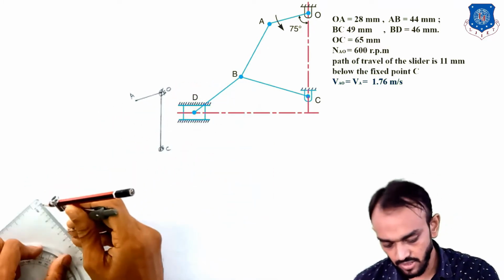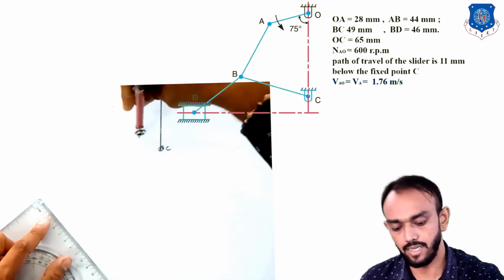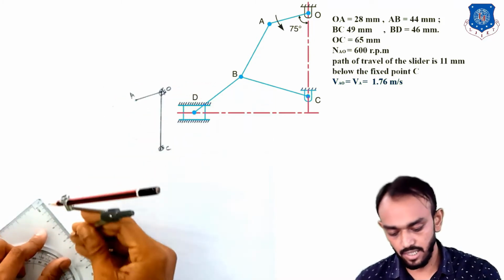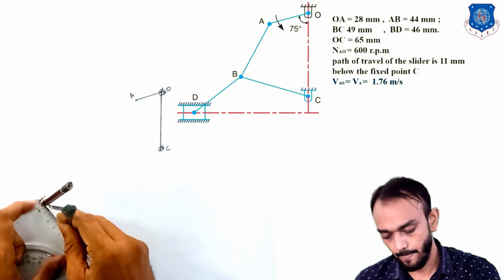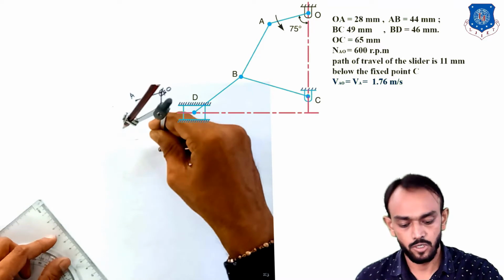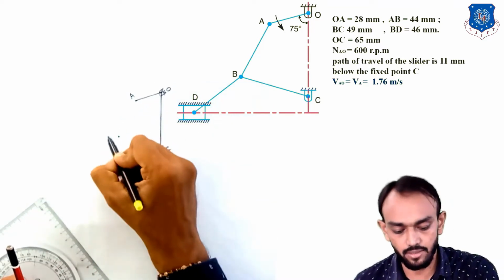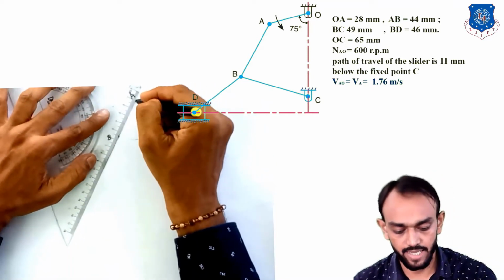So let's set 44 first here, and you will make an arc here like this. And after that you will set 49 from C. This intersecting point will give you the B point here, and you will join these 2 points like this.